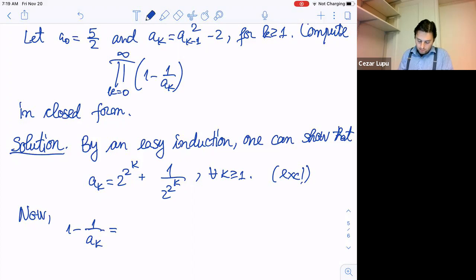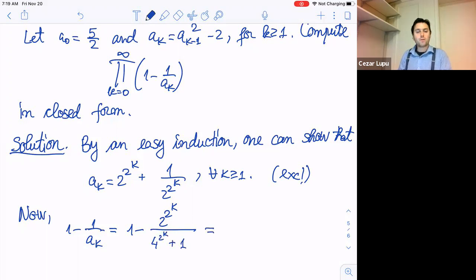If we do the algebra, it's 1 minus 1 over that thing. So this would be what? 4^(2^k) + 1. So it will be 2^(2^k) over 4^(2^k) + 1. All right, so we have this.